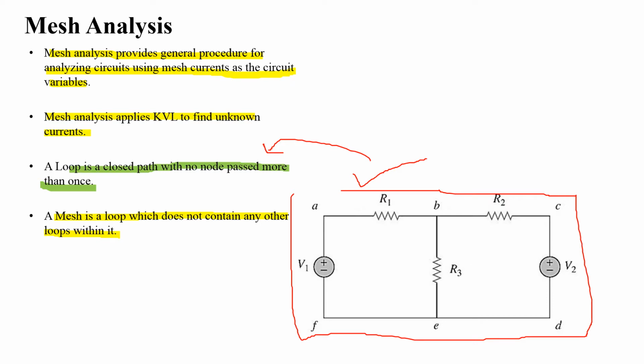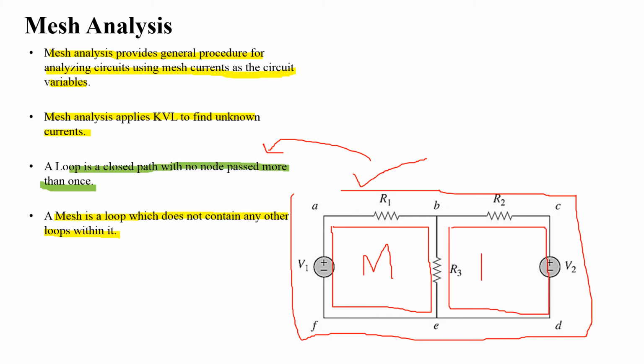From the figure we see that A to B, B to E, E to F and F to A is basically a mesh. Similarly, B to C, C to D, D to E and E to B is also a mesh. We can say that this is mesh 1 and this is mesh 2 because they are both independent loops. They do not contain any other loop.